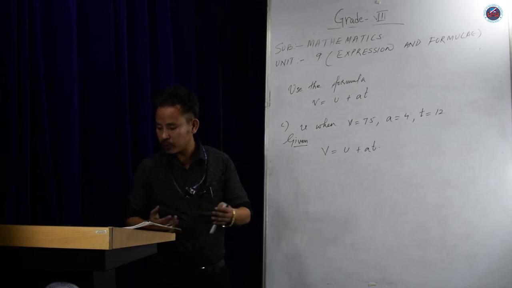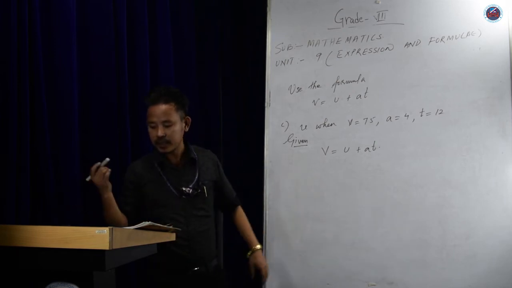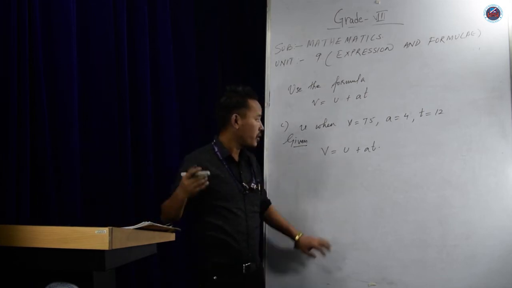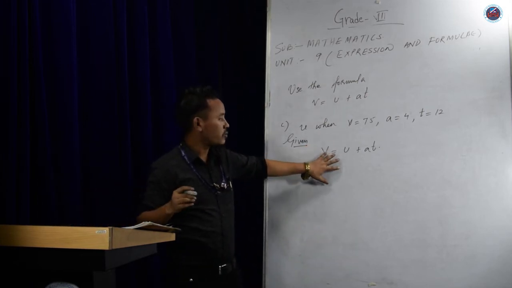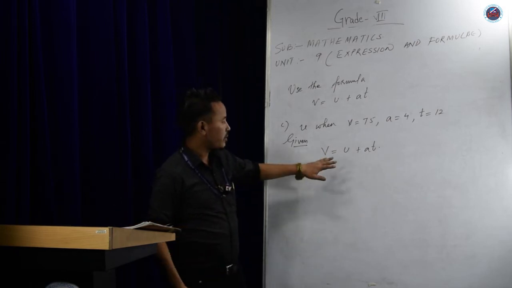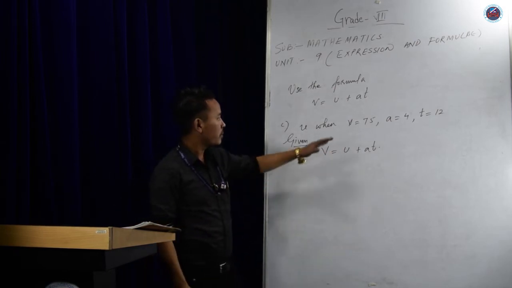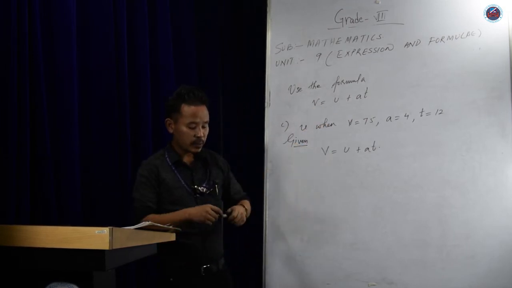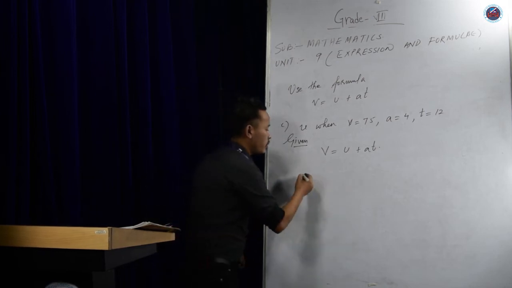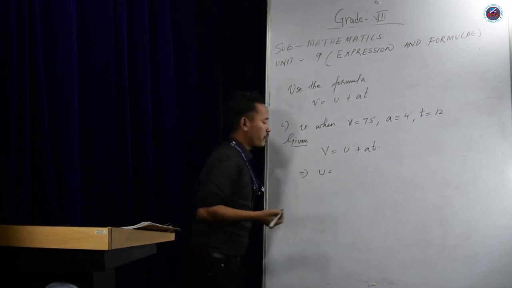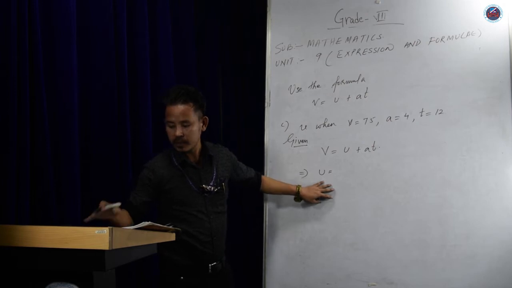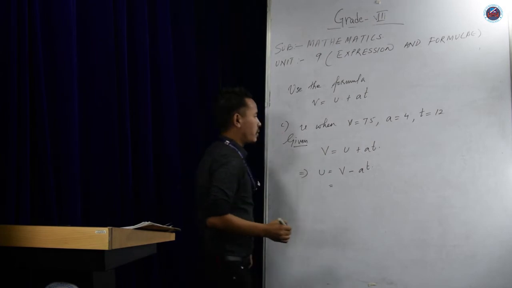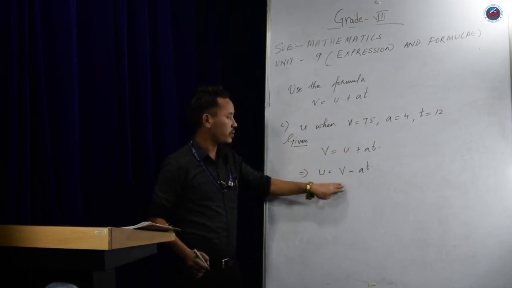When you turn to page 89, deriving and using formulae, on the top right corner you will see these formulas segregated as per the change of subject. Here v is the subject, here u is the subject. So when u is the subject, we have to rearrange the formula. That is u equals v minus at.